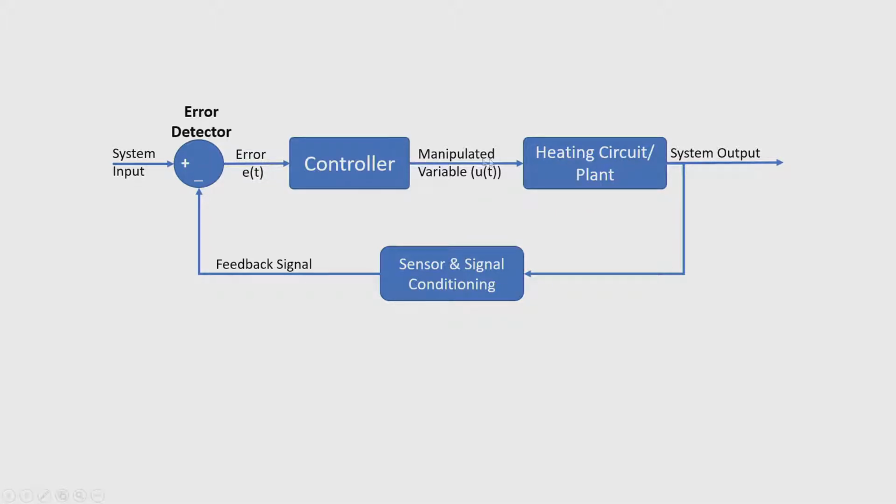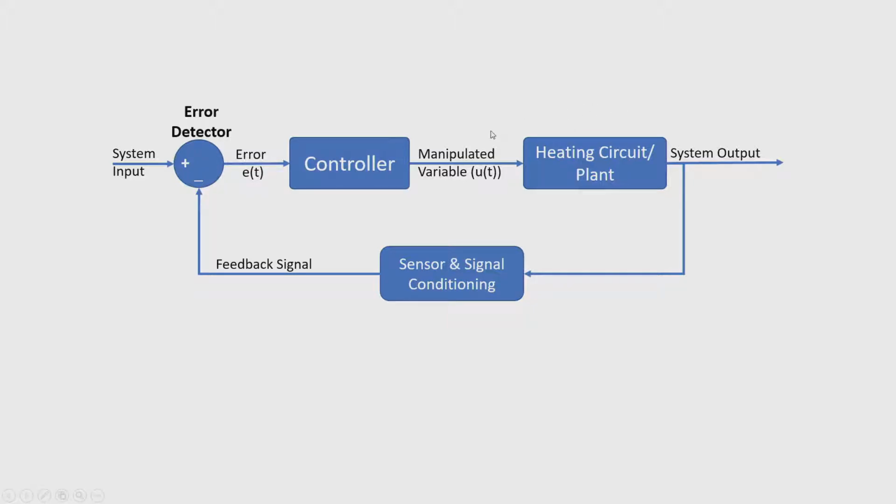So in order to make the output of the controller compatible with the heating plant, we require a driver circuit. In this case, as I have already told, we are generating a temperature on a transistor. The controller, which is nothing but LabVIEW plus a data acquisition device, cannot provide enough current to heat the transistor to the required temperature.